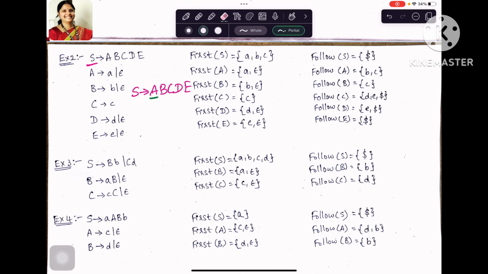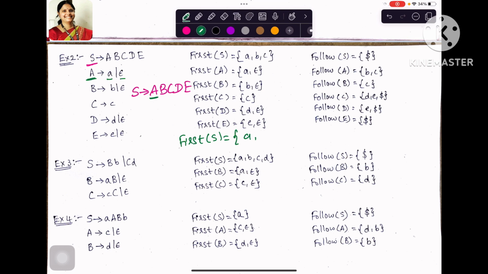As A is a non-terminal, we cannot directly write it in the result. So we have to find A in the left hand side of the productions. Here we found A. So the first of A will become a and epsilon. So we can write first of S as a, and epsilon should not be directly written in the result, as we can substitute it in the production.